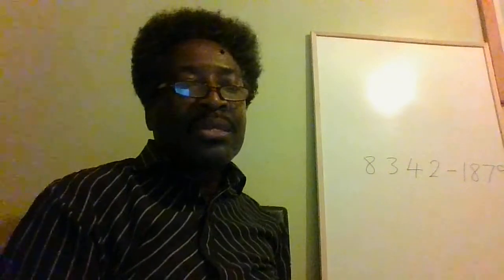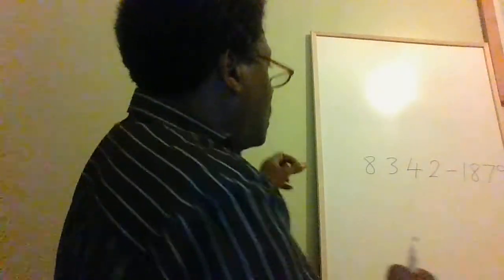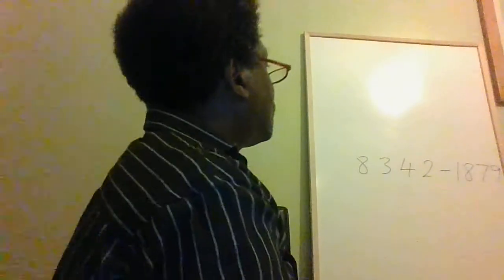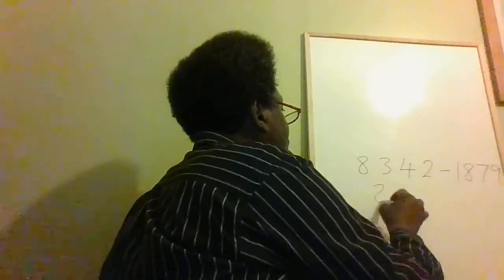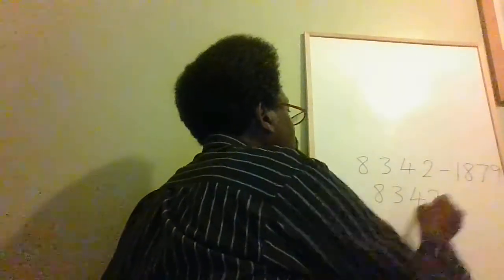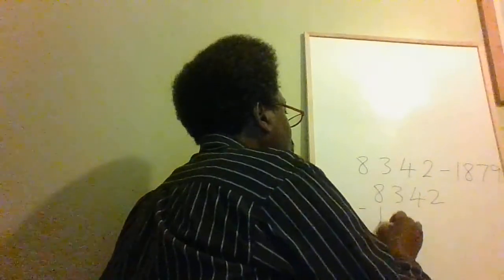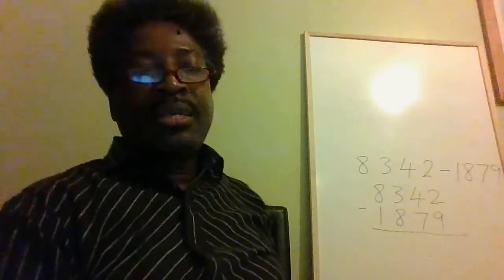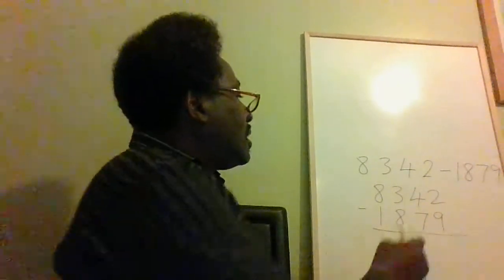It doesn't matter. You just follow the process. Right, the 9 didn't show there. Let's move this a bit. Okay, the 9 is showing now. So 8, 3, 4, 2, take away 1, 8, 7, 9.